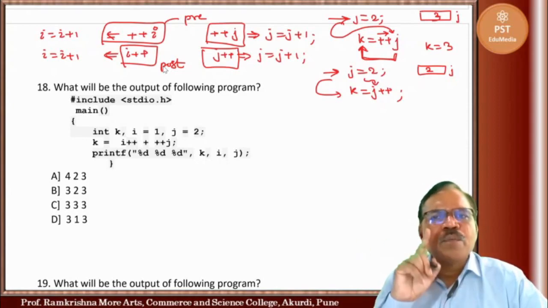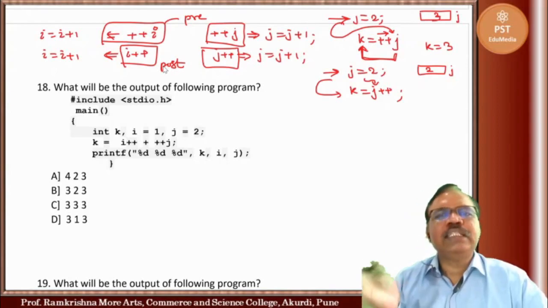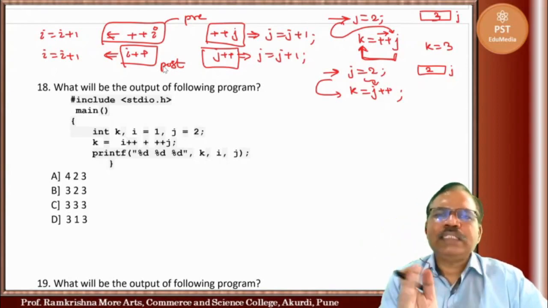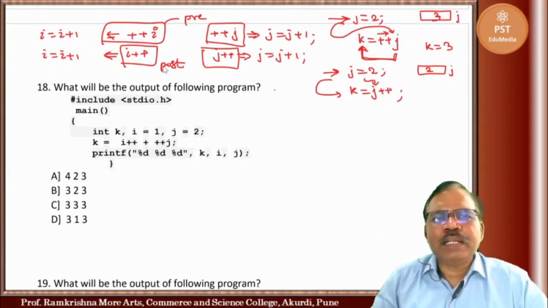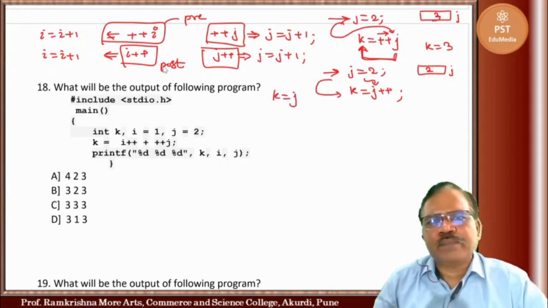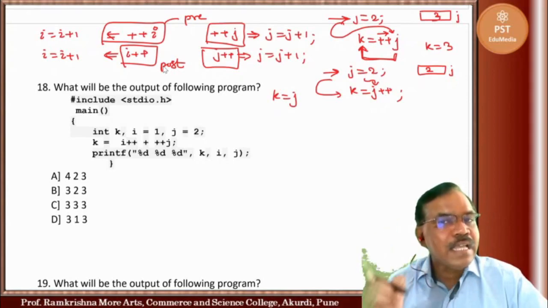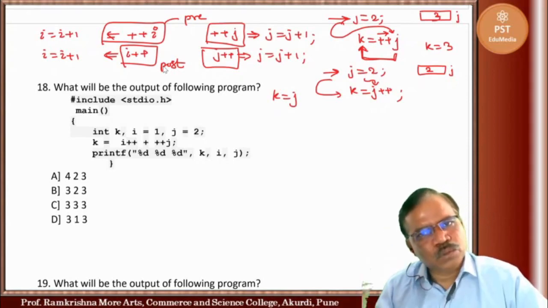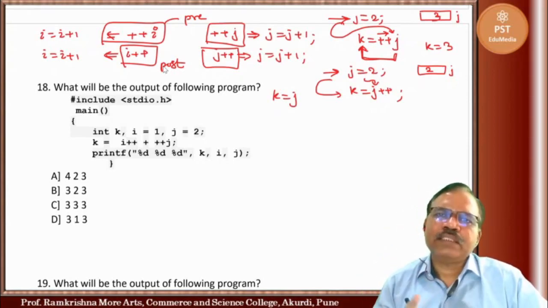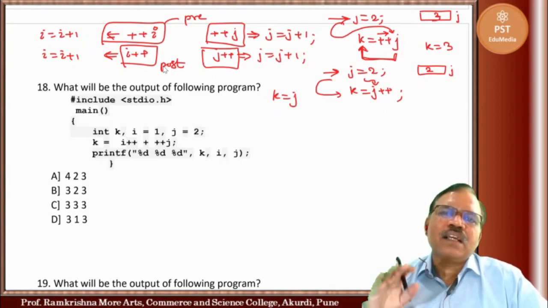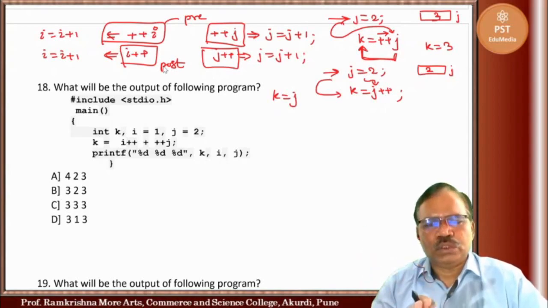Actually the expression is k is equal to j, meaning the value of j is assigned to k. But j has the attribute of post increment, which means increased after use.